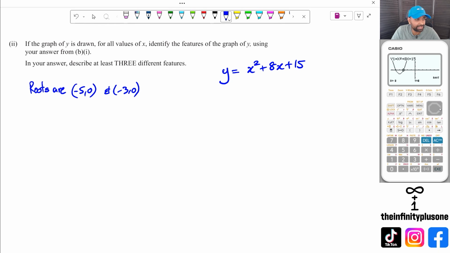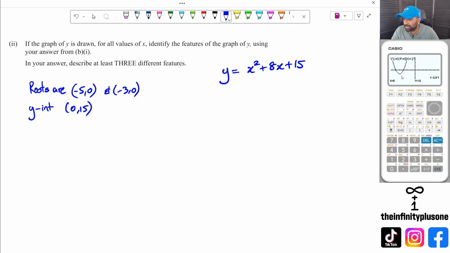Sometimes you can actually say that the answer has solutions at -3 and -5. We can look at the y-intercept. So we could actually go exit. No, I'm going to click on draw. I'm going to click on gsolve y-intercept, which is F4. That's at 0, 15. So we can say y-intercept is at 0, 15.